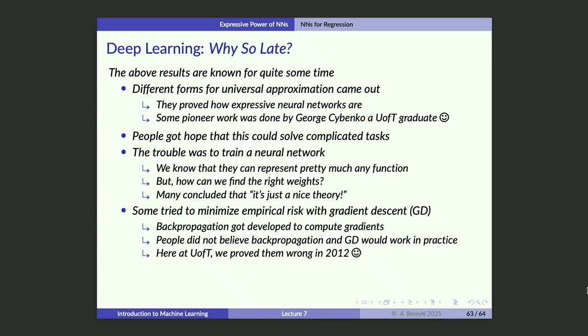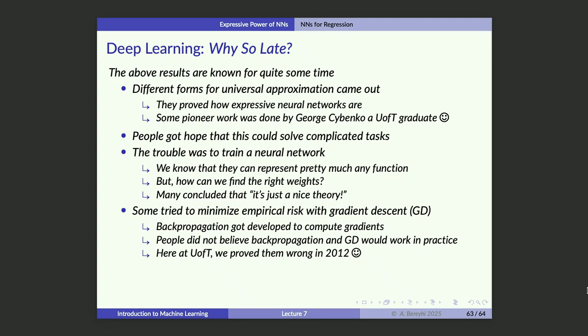And if you cannot guarantee that you are hitting the right small loss that you want, okay, just make it deeper and deeper. But many people believed that this small group of people thinking about gradient descent and backpropagation were basically saying nonsense, right? They're just dreaming. It's not going to work.